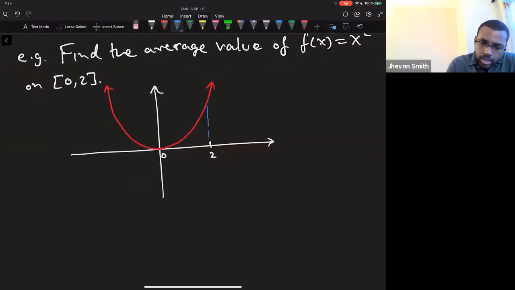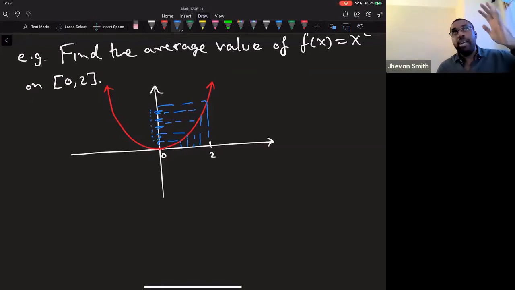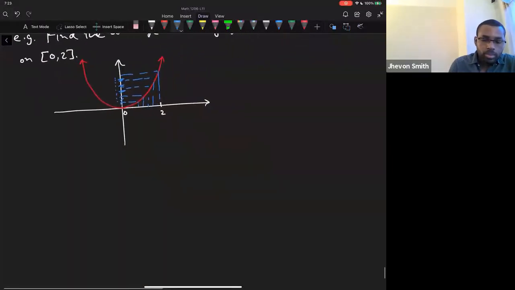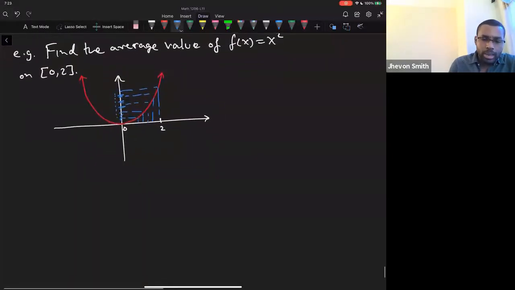So the question is, on this interval, what is the average output? If I were to take all the outputs here, I'm going to get some numbers on the y-axis. If I could take all those outputs and tell you, on average, what would the output be? What is it going to be around, roughly? Give you an answer, what would that be?